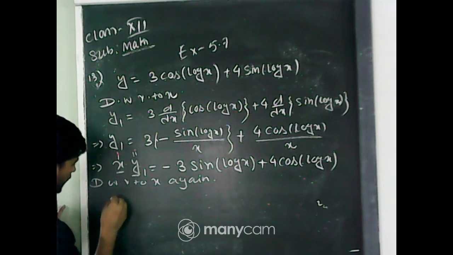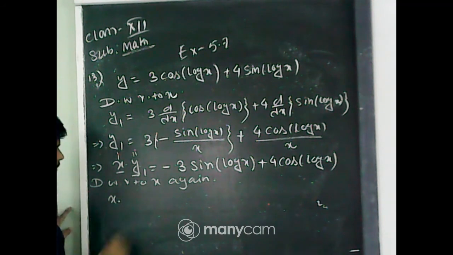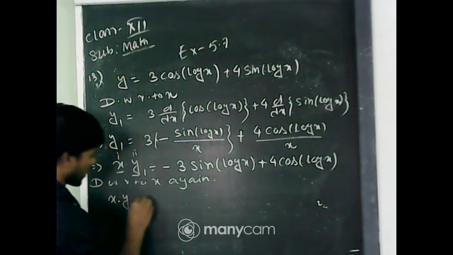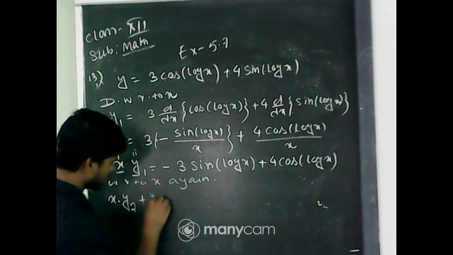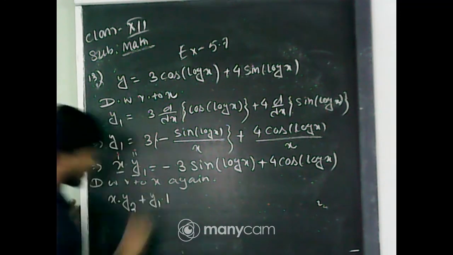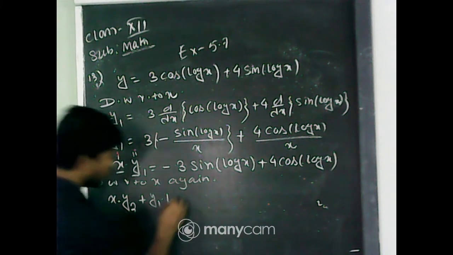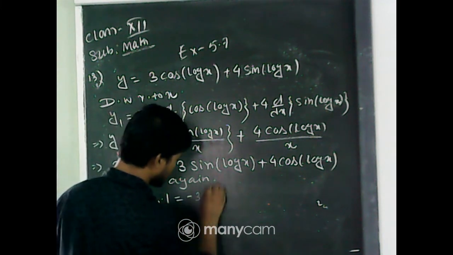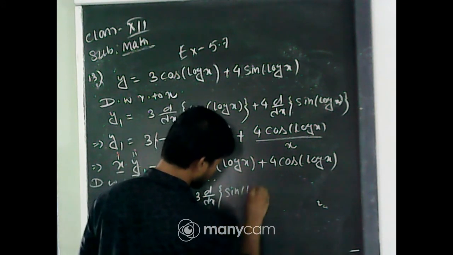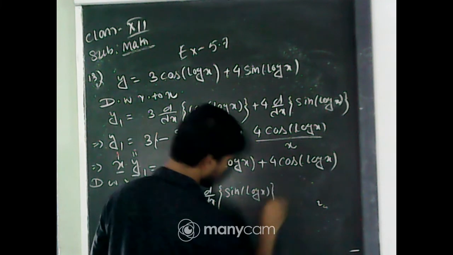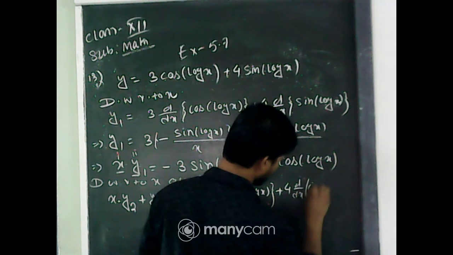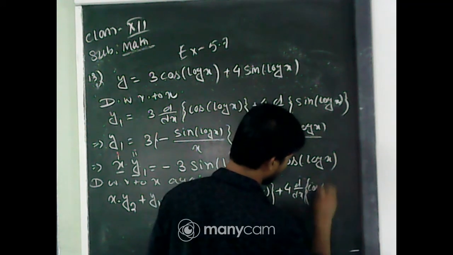So first function is fixed and derivative of y1 is y2, plus second function is fixed and derivative of x with respect to x is 1, which will be equal to minus 3 d/dx of sine of log x plus 4 d/dx of cos of log x.